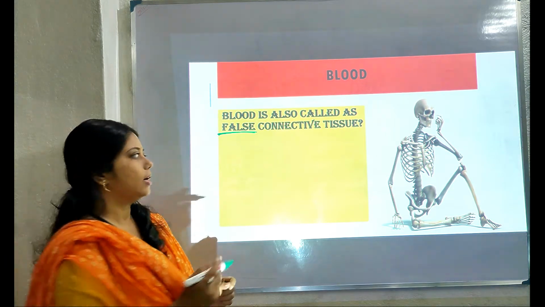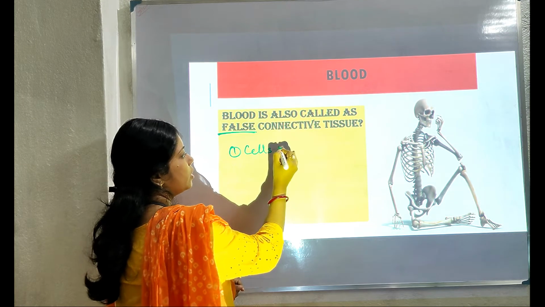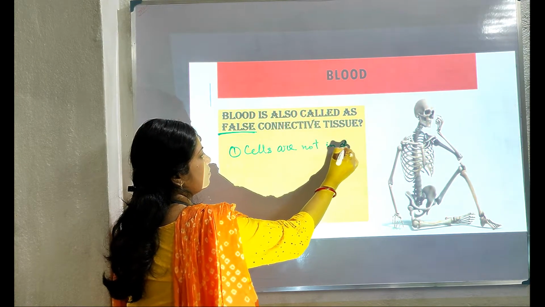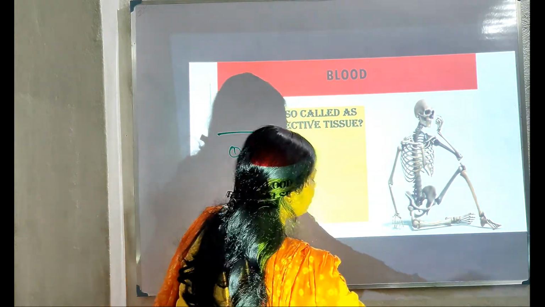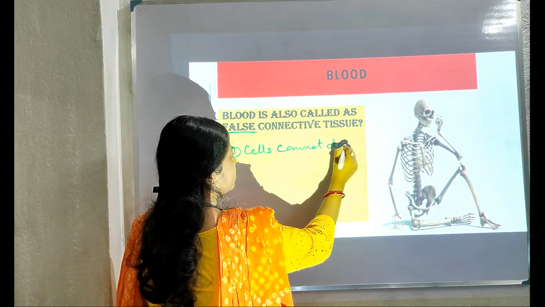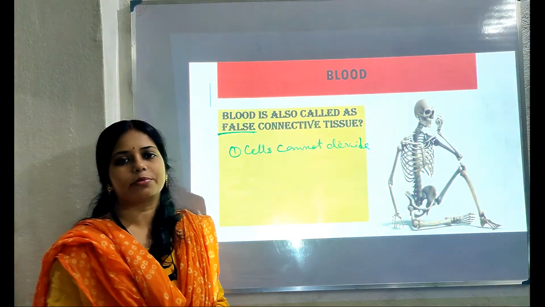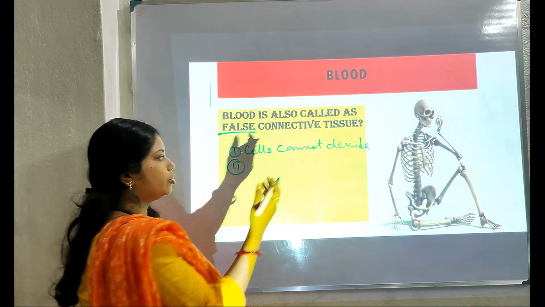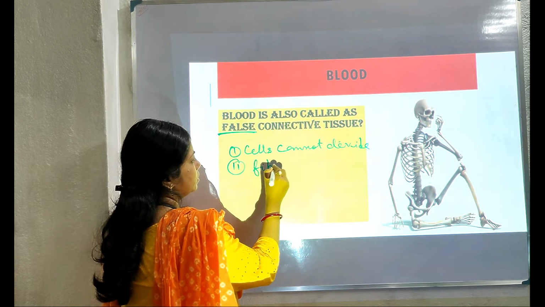But in case of blood, the cells which are present cannot divide. Why can the cells not divide? Because no cellular organelles are present which help in the division of the cell. Secondly, the fibers are absent here.